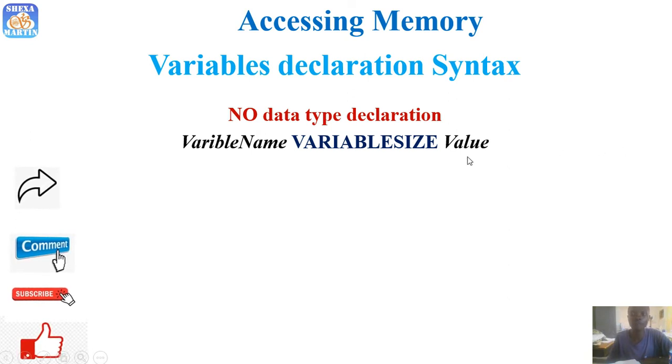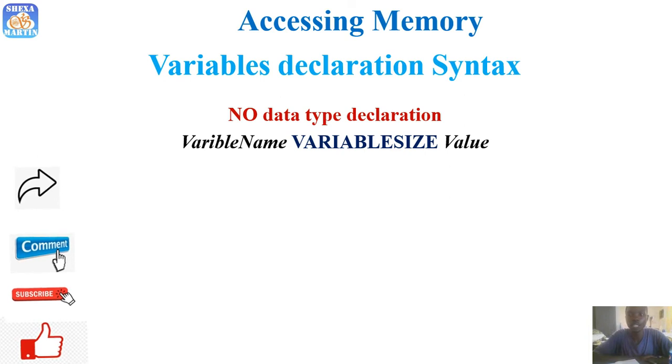Value can be any numeric value in any supported numbering system, that is hexadecimal, binary, or decimal, or a question mark symbol for variables that are not initialized. So if you are not initializing any of your variables, you put a question mark in place of value.